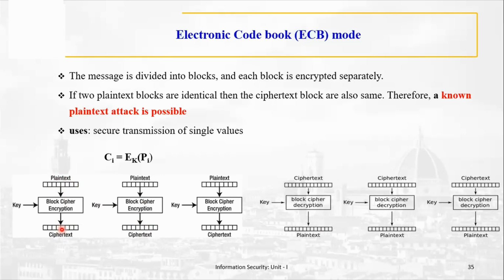Now, can you please spend a few seconds on this diagram, and can you tell me what is the problem in this method? Actually, we are trying to understand, I just skipped the limitations of AES.